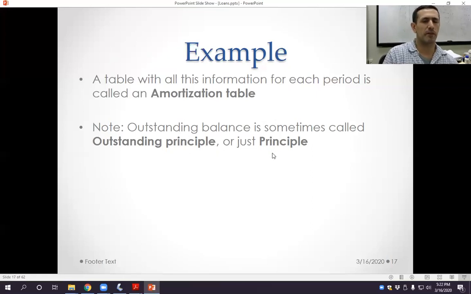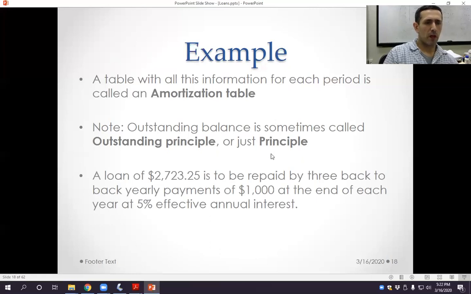It means the same thing. So instead of diving into formulas, let's do an example. I have a loan that is to be repaid by 3 back-to-back yearly payments of $1,000 at the end of each year. Interest is 5%.